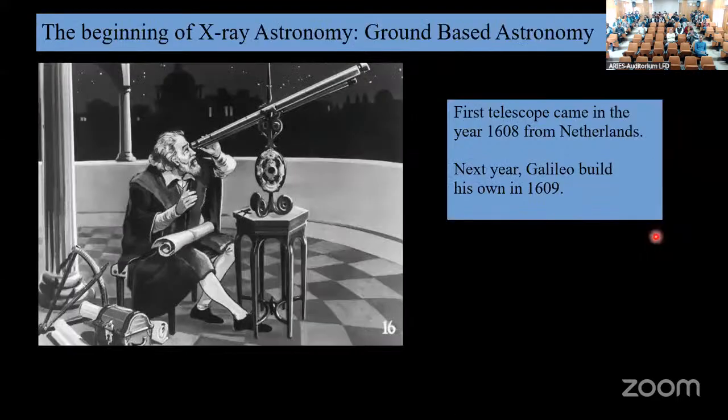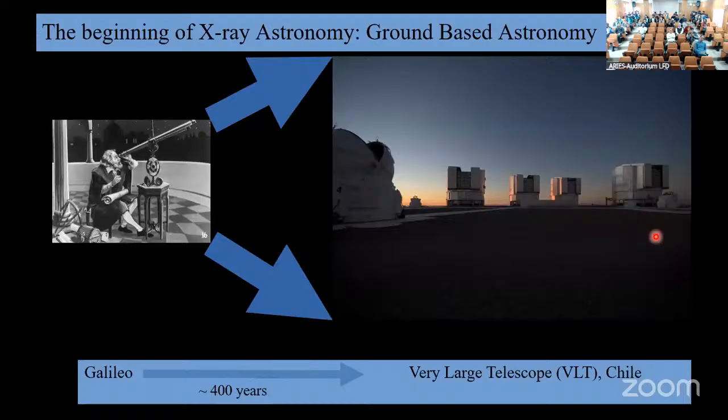To begin with modern astronomy, we can start with Galileo Galilei in 1609, when he developed the optical telescope, and from there we went to the VLT. It's a 400 year journey, and in these 400 years lots of things changed. Of course, bigger is always better.